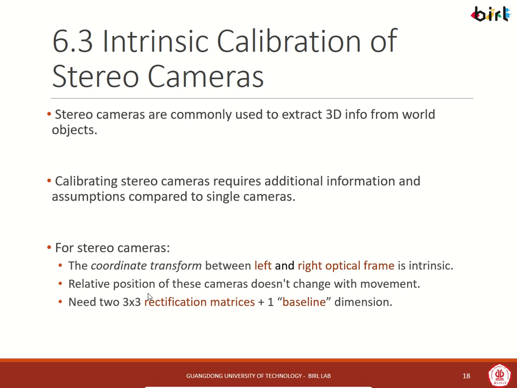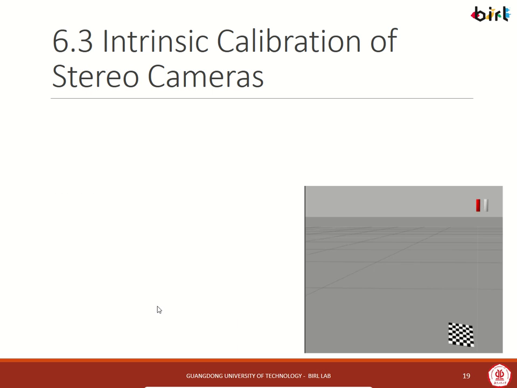And the extra information that we need to get for stereo cameras is two rectification matrices, which we'll see more in a second, but it's the angles of the camera with respect to each other, and one baseline dimension, which is the distance between them.